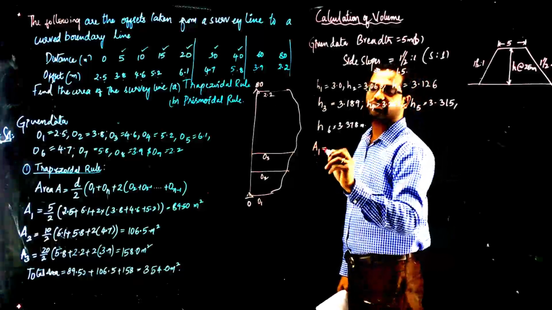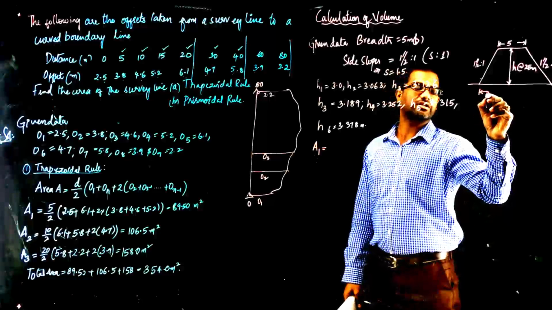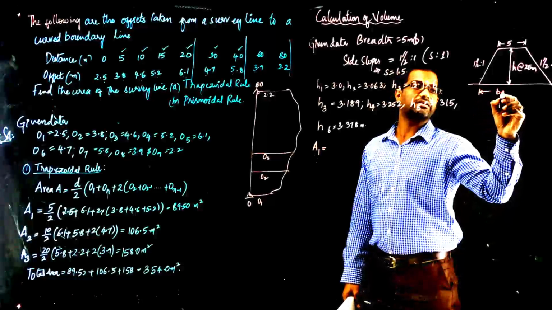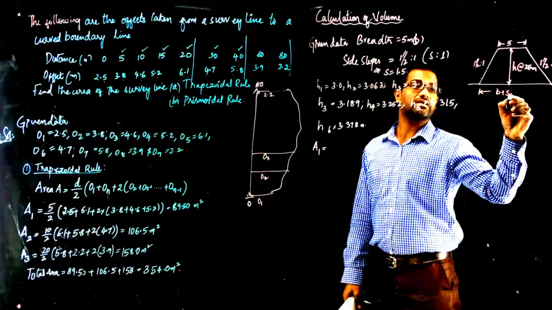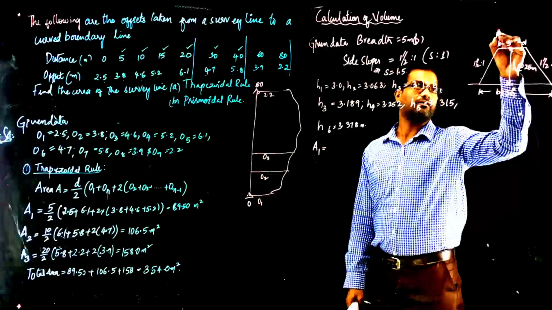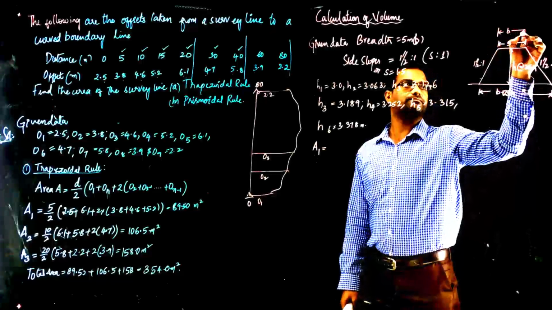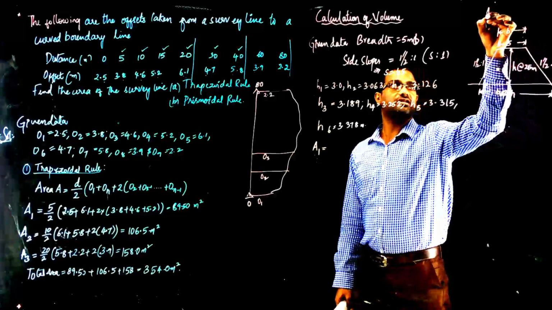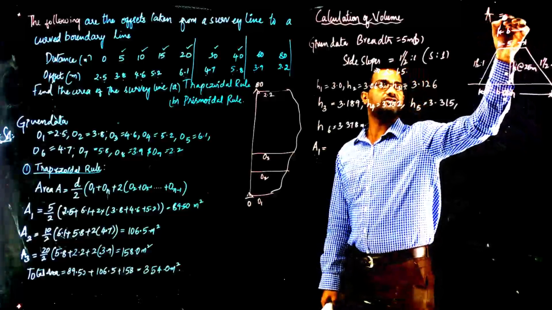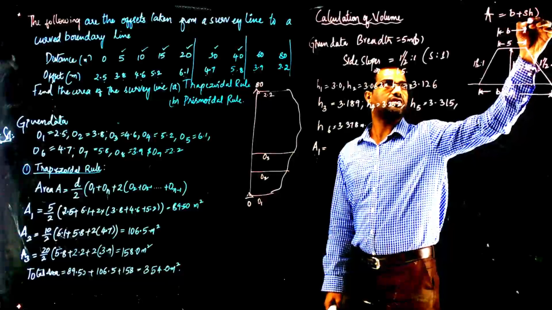A1 is given by, for the given figure, the area equation B plus SH, into H.